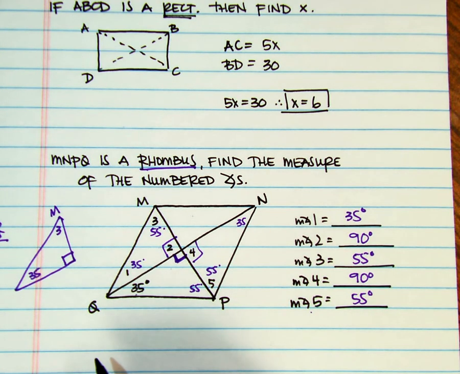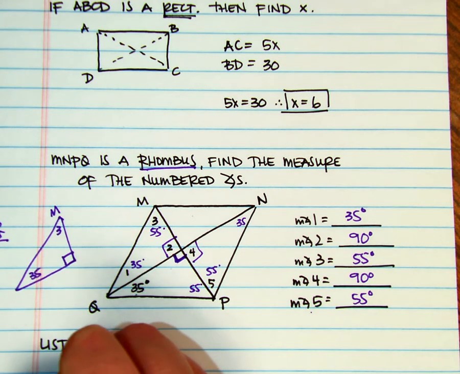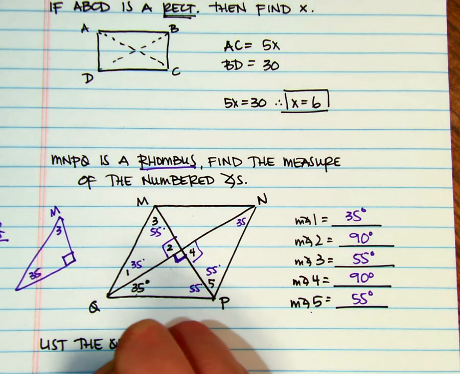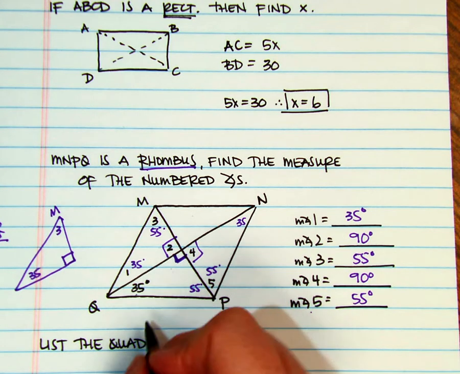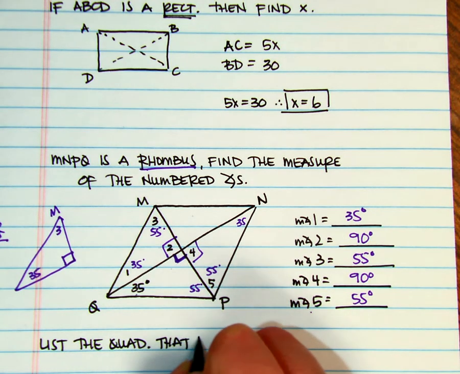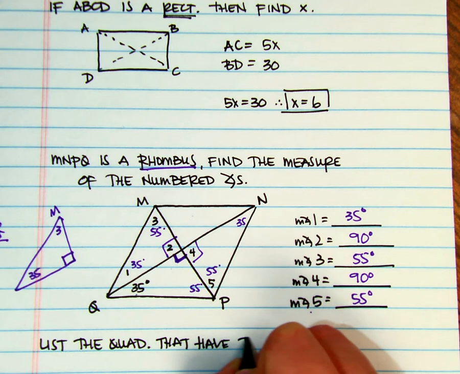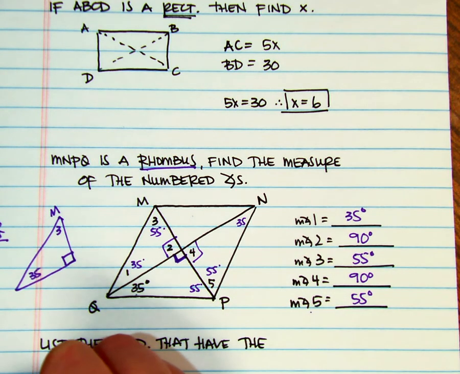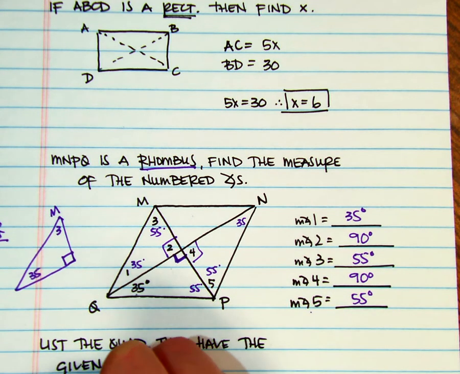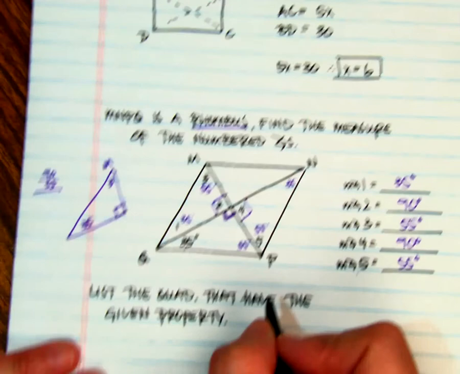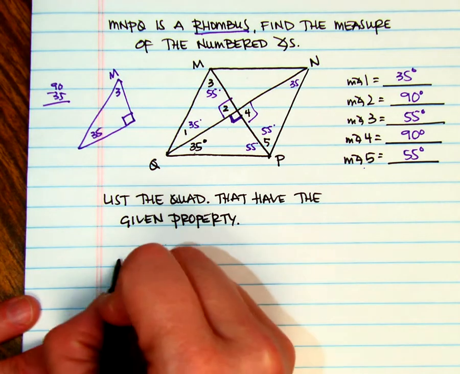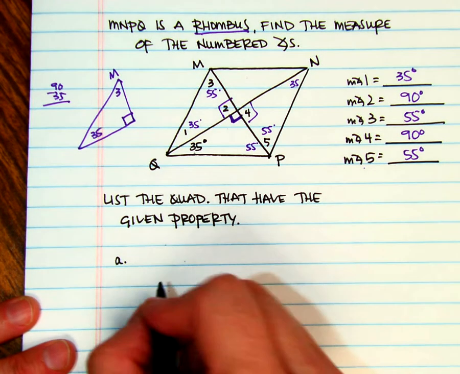Let's see. Let's do, list the quadrilaterals that have the given property. So I'm going to give you about 3 properties.